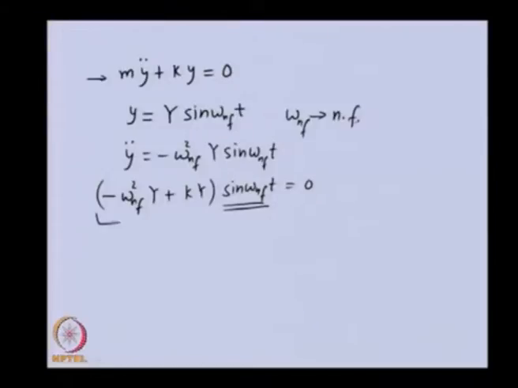So, the term within the bracket we should equate to 0, and Y is common. So, we will have m terms in every place equal to 0. Y is common, and the amplitude Y cannot be 0. So, we should have this term 0. This is called the frequency equation.